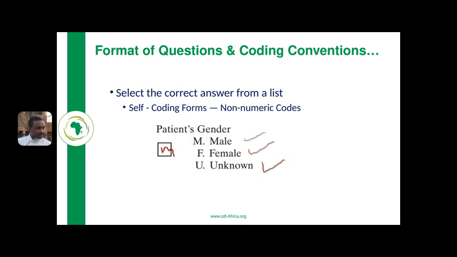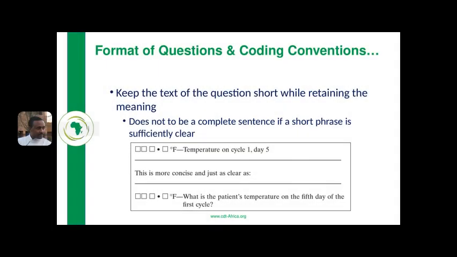This particular option is a good one because during the time of analysis, you can know what stands for male, what stands for female, and what stands for unknown. So this is convenient at the time of analysis without making any reference. You'll be able to know what the codes stand for.